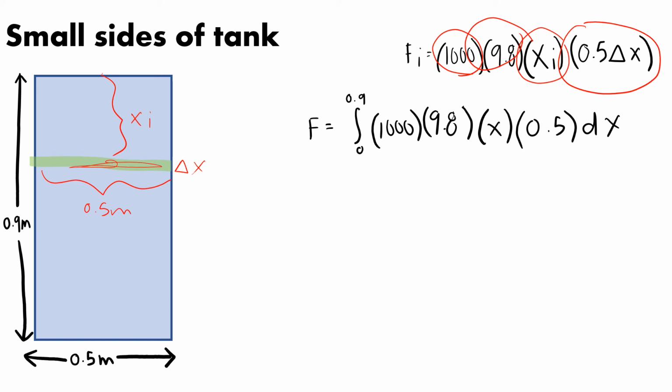And to find the force along the entire side of the tank, we will integrate from 0 to 0.9 meters the density of water times acceleration of gravity times the depth of the water, which is x, times 0.5, which is the length, with respect to x.